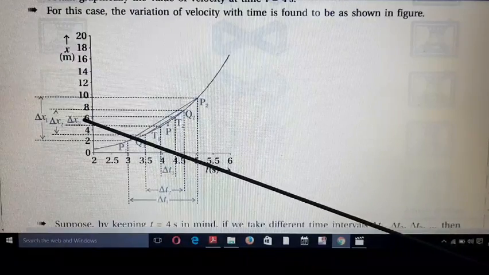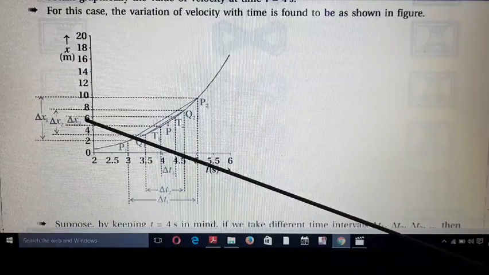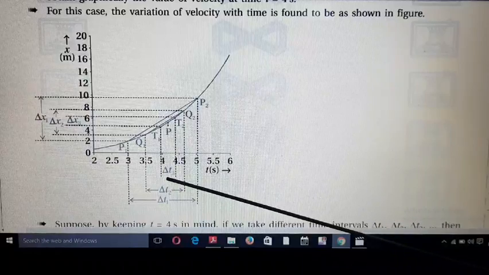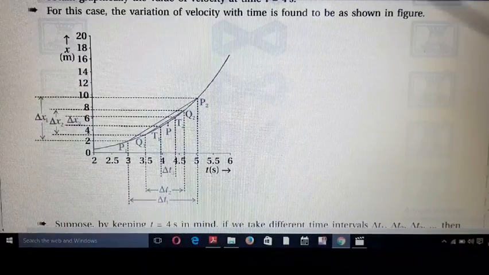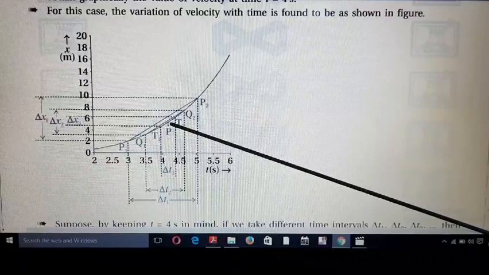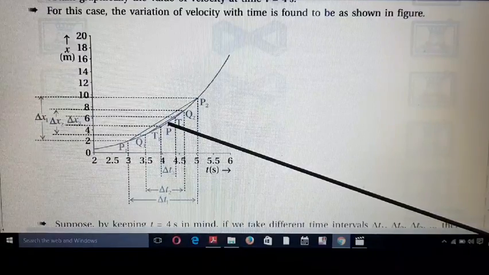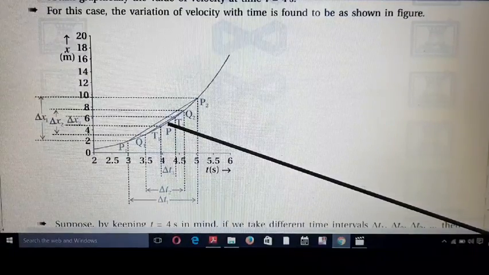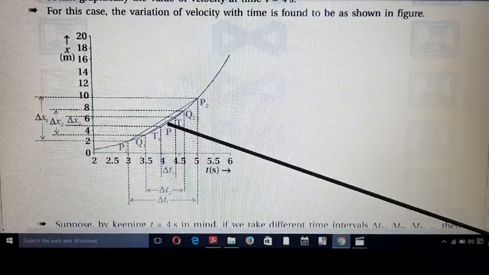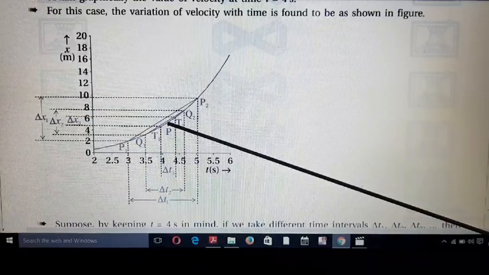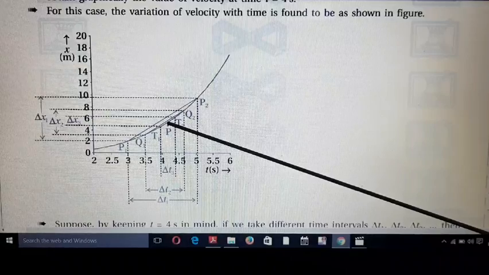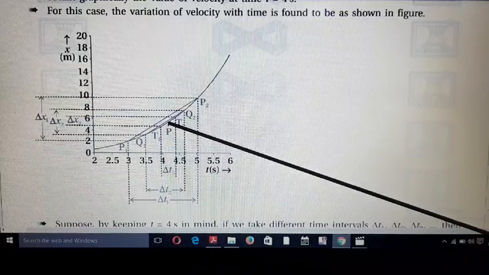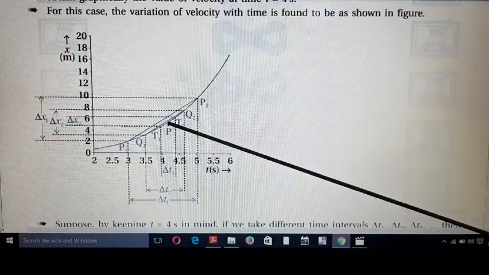It is denoted by delta x3 and the respective time is delta t3. After that, at point P, we can find the instantaneous velocity. So at that point we draw a slope and we can calculate the instantaneous velocity.